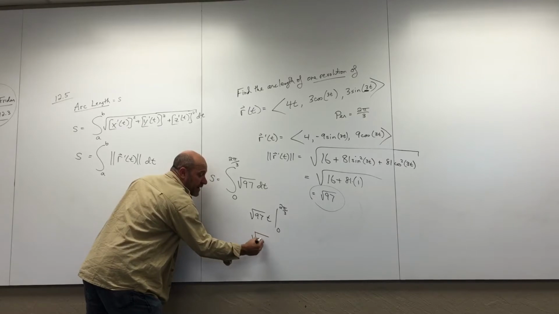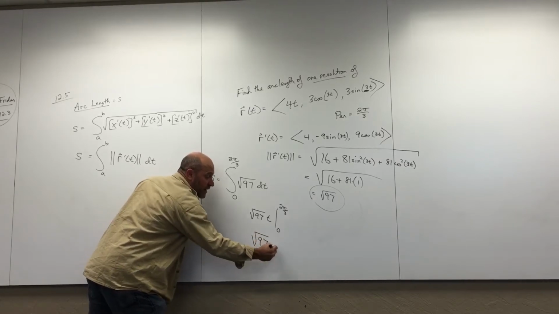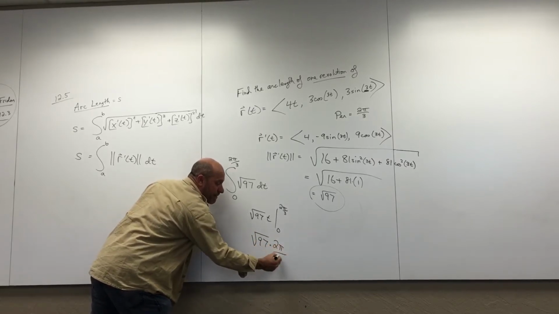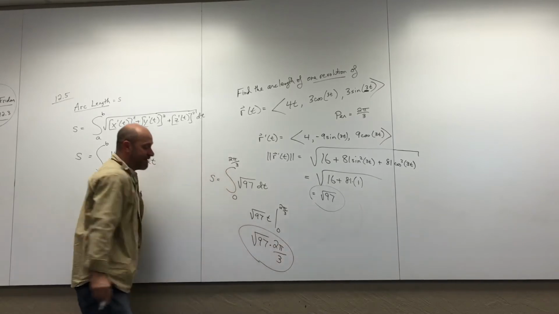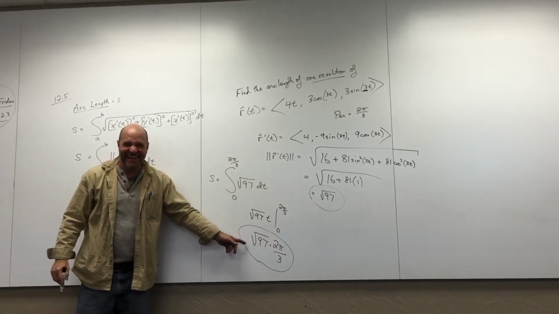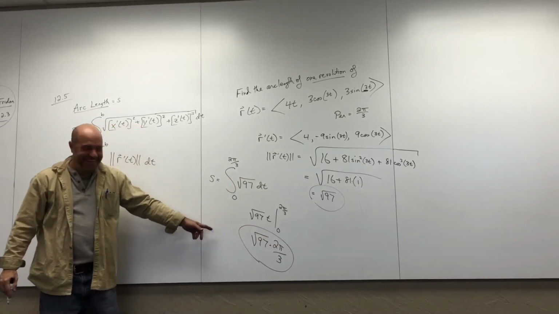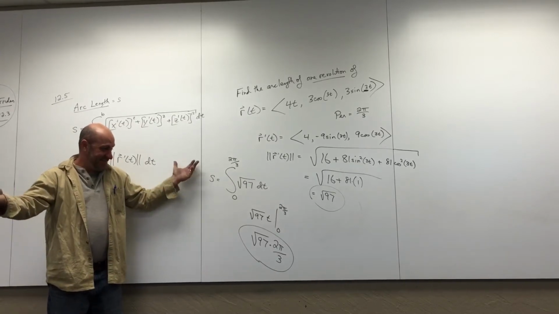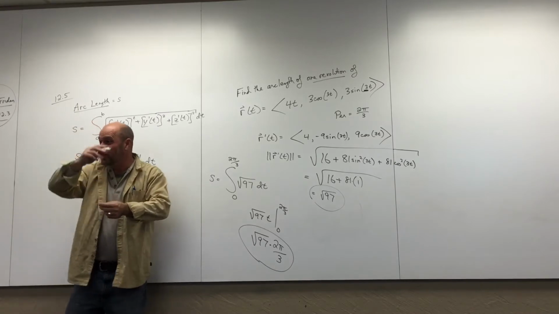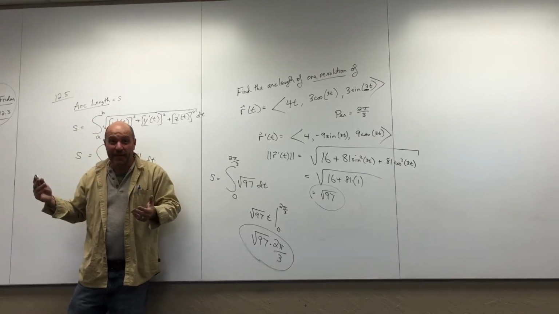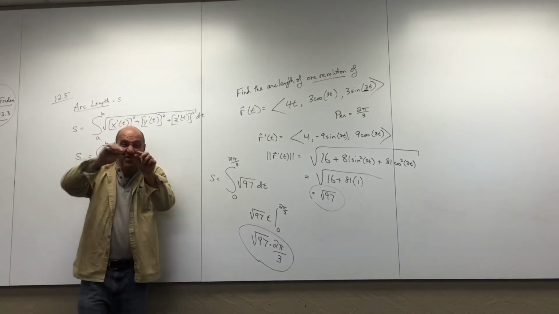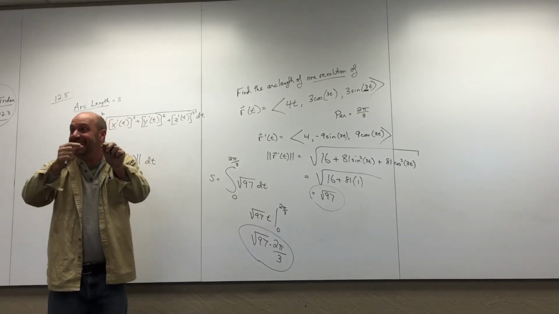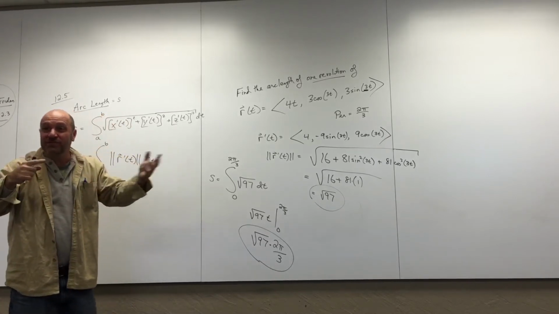This was my number when I played high school football. That's the arc length of one revolution of this helix. If you put a tape measure on this helix, that's its length. One revolution of this helix.